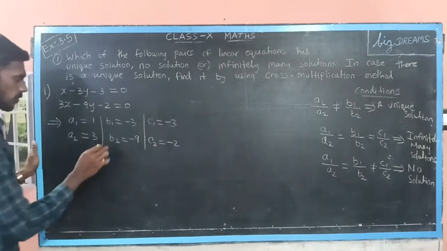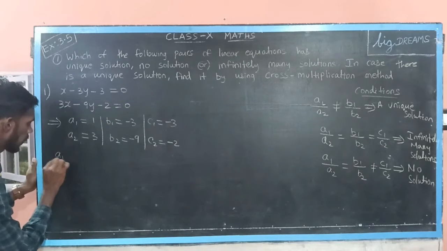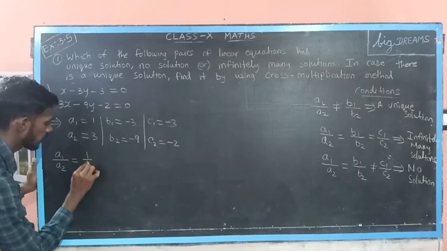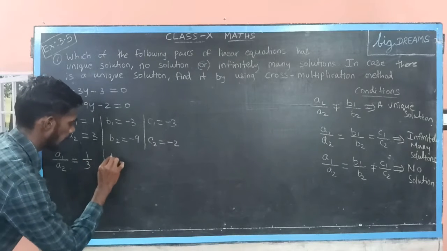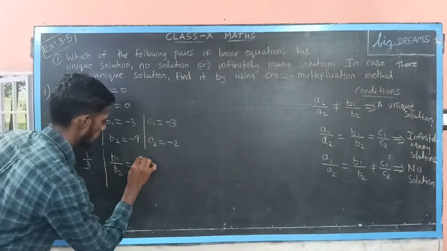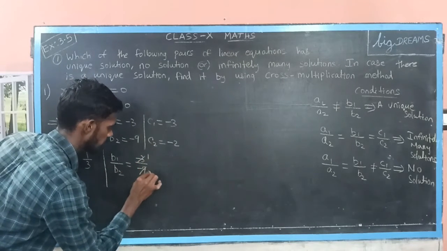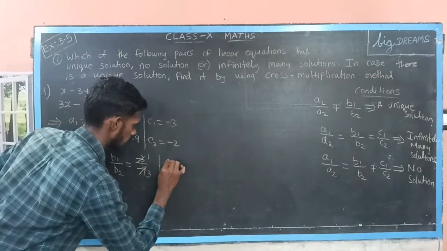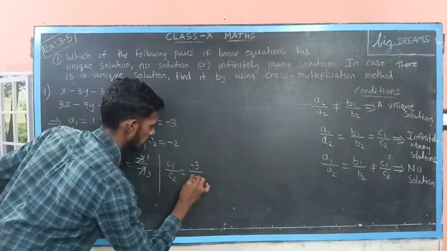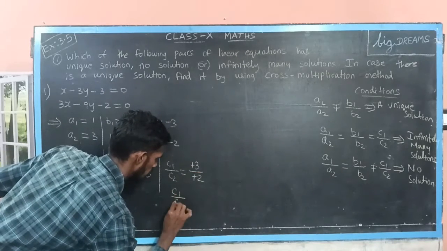Substitute in these conditions: a1 by a2 is equal to 1 by 3, b1 by b2 is minus 3 by minus 9, which gives 1 by 3, then c1 by c2 is minus 3 by minus 2, the minuses cancel, so it is 3 by 2.